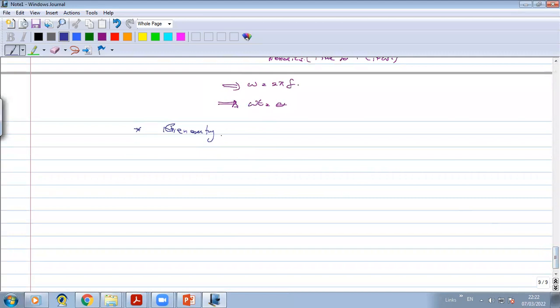As an exercise, try to draw this signal by hand, not using MATLAB or something.